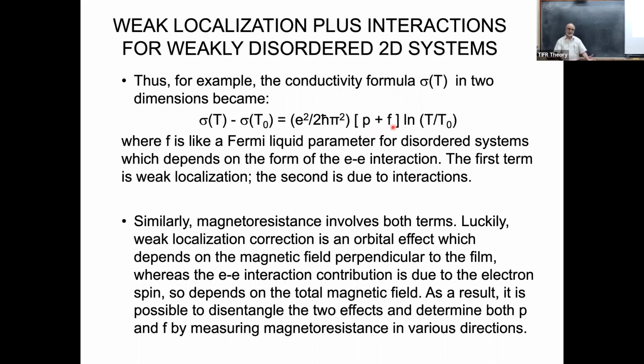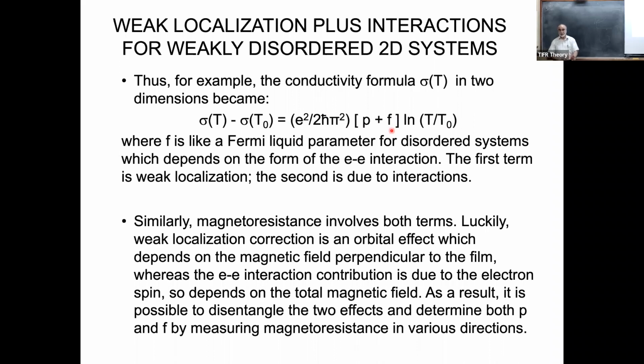It's like a Fermi liquid factor, if you will. In fact, it has terms due to Hartree diagrams, and terms due to exchange diagrams in many body language, but basically what it says is that there is some logarithmic dependence with temperature, again given by the same coefficient, but with a multiplicative constant of order unity, which depends on Fermi liquid parameters.